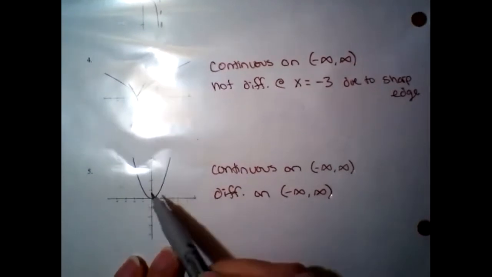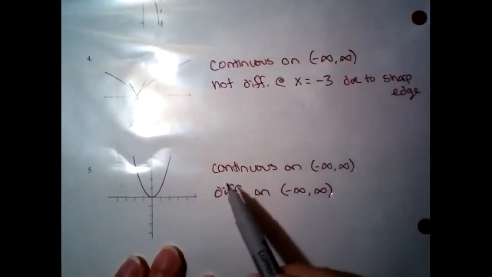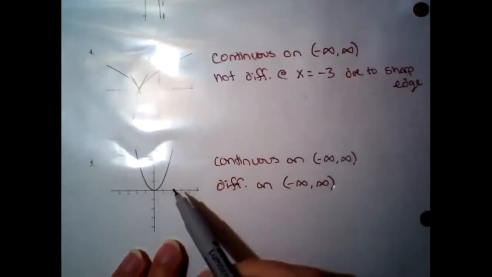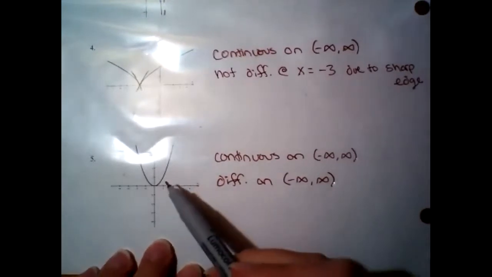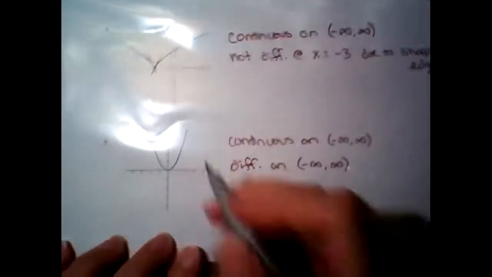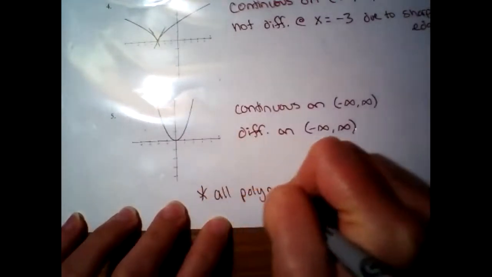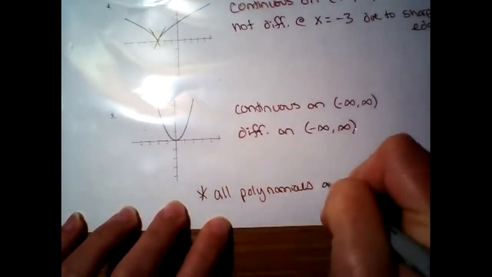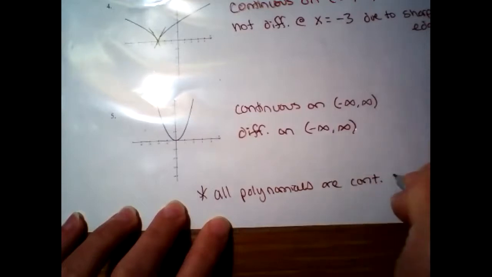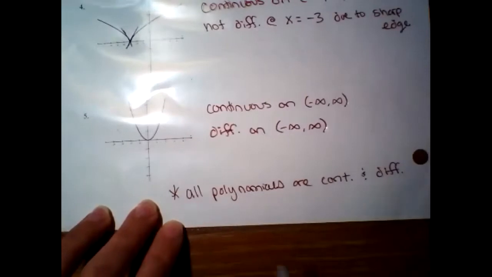And every polynomial is going to be continuous and differentiable. A quadratic is a type of polynomial, like x squared, x to the third, x to the fourth. In fact, let's put that in our notes. All polynomials are continuous and differentiable. So if you're told such and such is a polynomial, then you know it's continuous and differentiable.